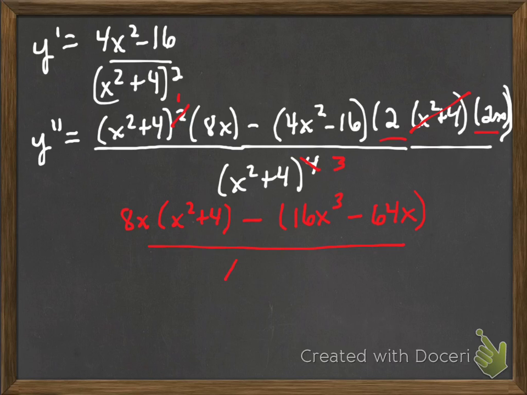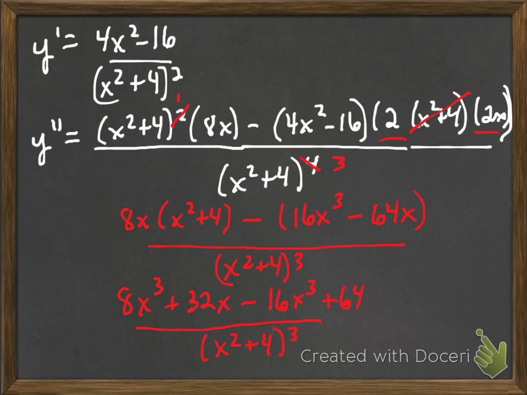All over x squared plus 4 to the third. So we have 8x cubed plus 32x minus 16x cubed plus 64x all over x squared plus 4 cubed.